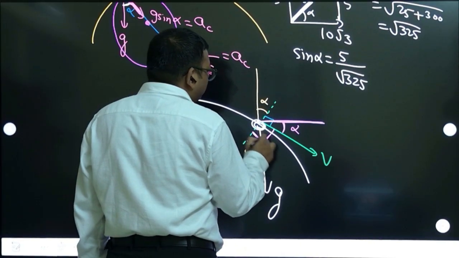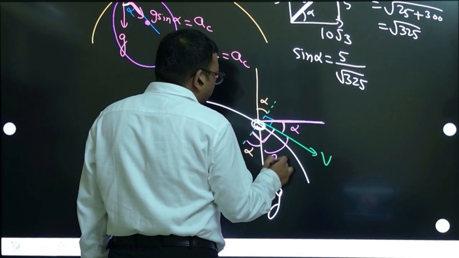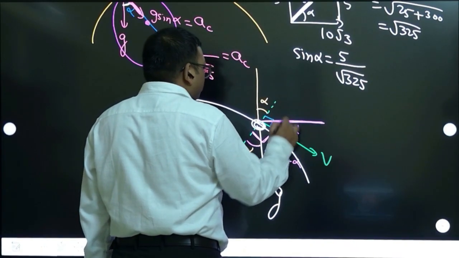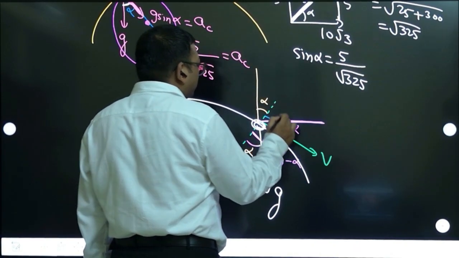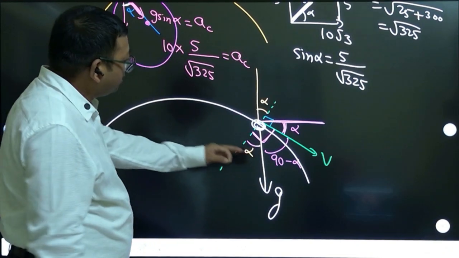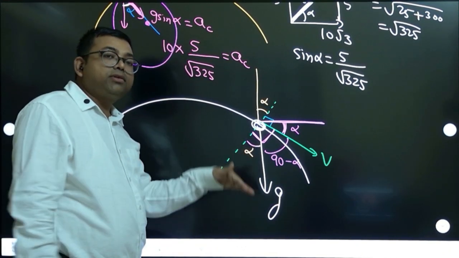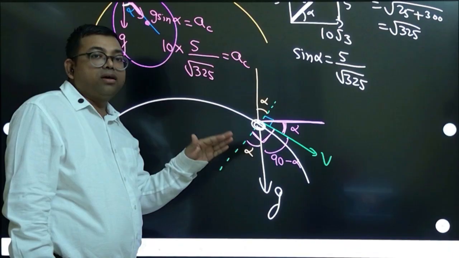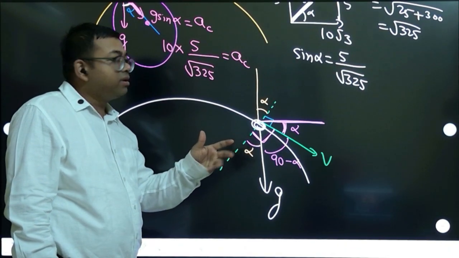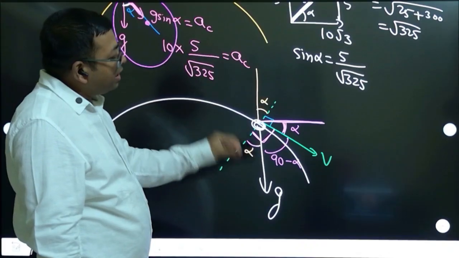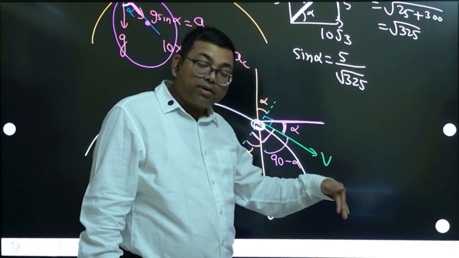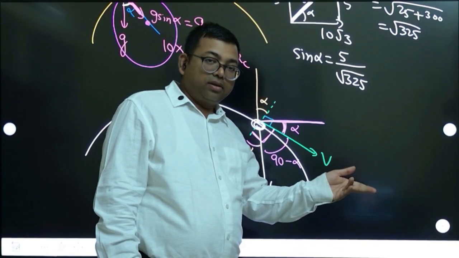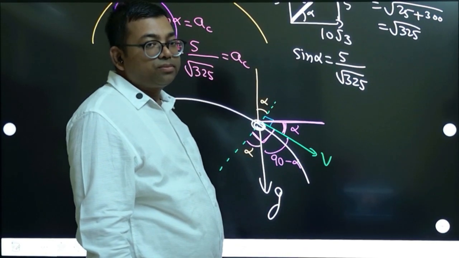This angle is 90 degrees, so this is 90 minus alpha, and the total is also 90, so this is also alpha. The idea is that alpha is the same angle which the velocity makes with the horizontal. The question is how to calculate alpha. Alpha is nothing but the angle made by the instantaneous velocity with the horizontal, and that we have calculated.